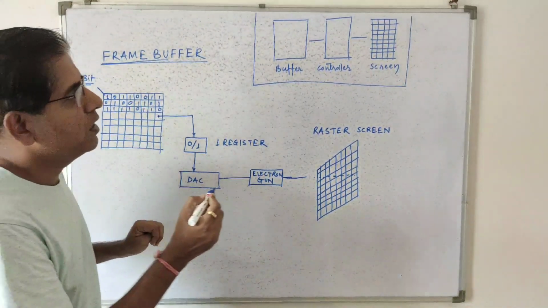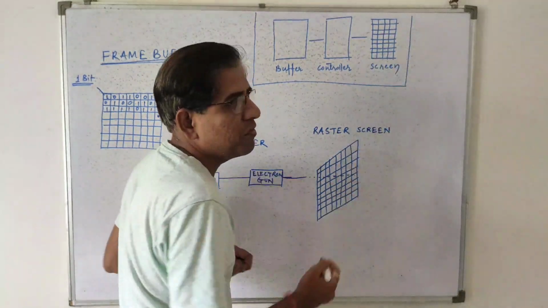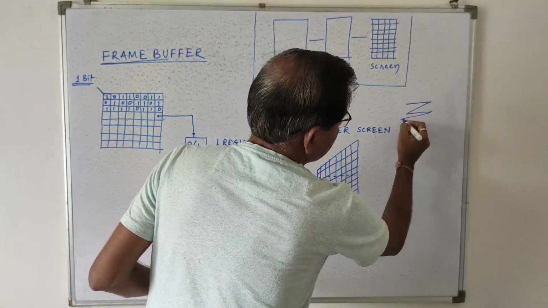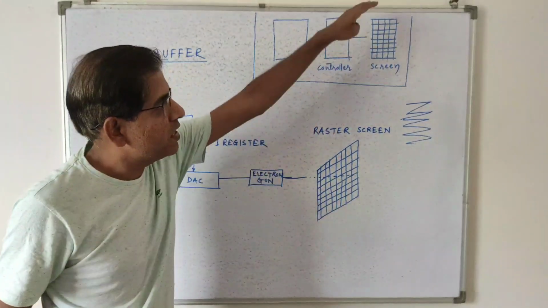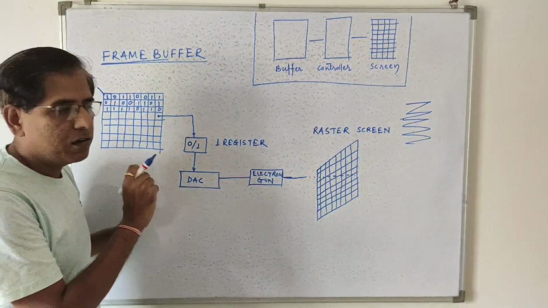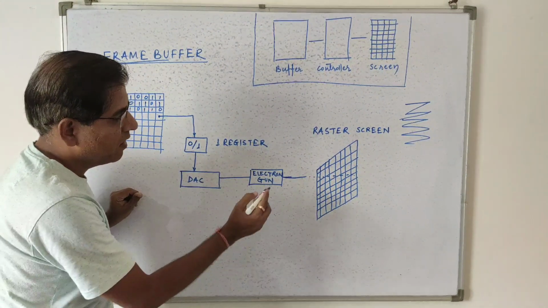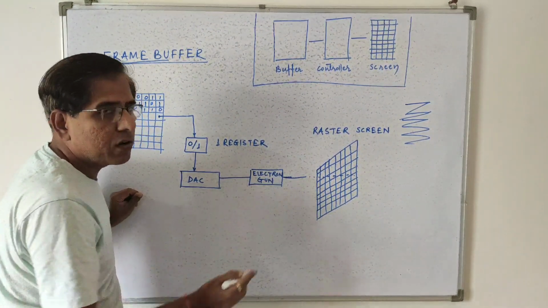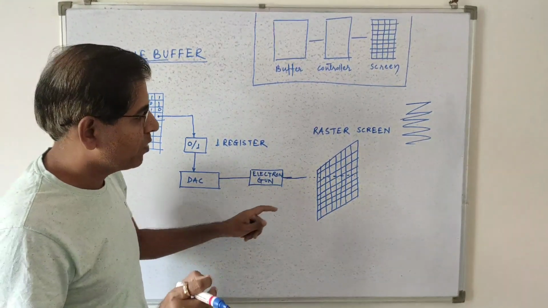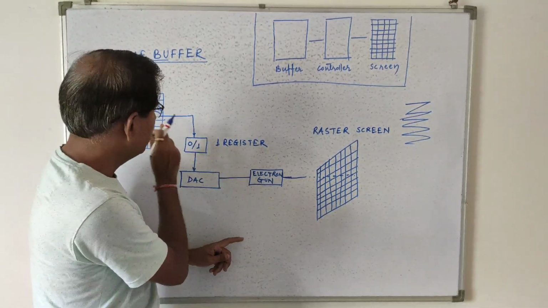Now we have seen that the electron gun scans the entire area of a screen in a zigzag manner, and during its travel of scanning the screen, the electron gun is constantly switching on and switching off, as per the information stored in the frame buffer.